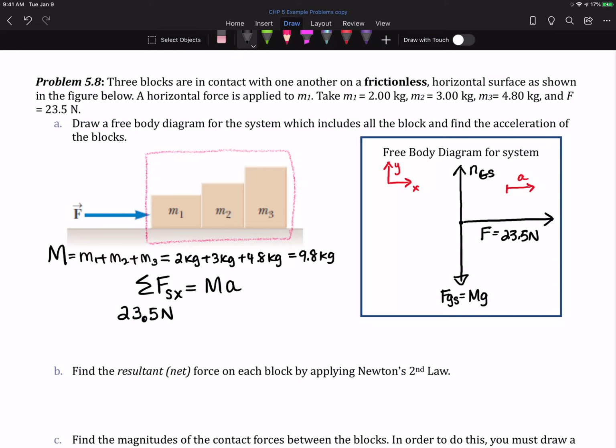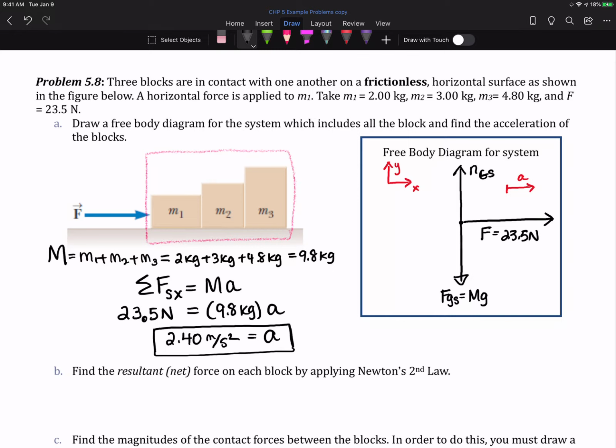That's the sum of the forces that are acting in my free body diagram. And then the total mass is 9.8 kilograms times the acceleration. So if I solve for the acceleration, I get 2.4 meters per second squared by dividing both sides of the equation by 9.8 kilograms.